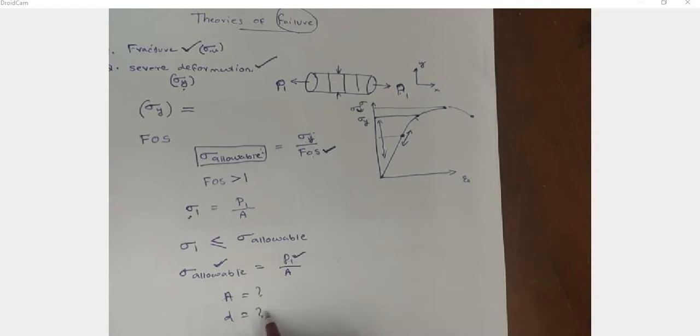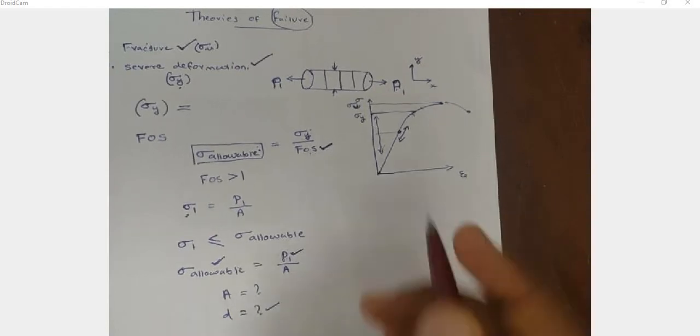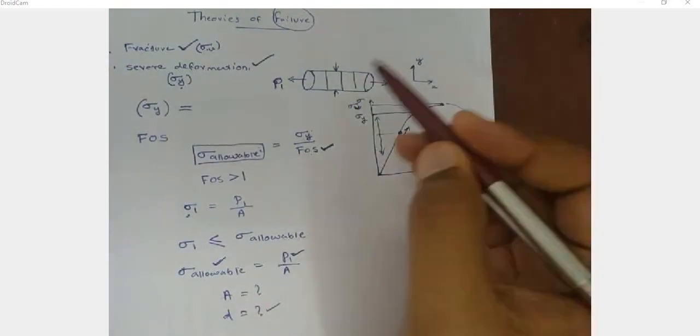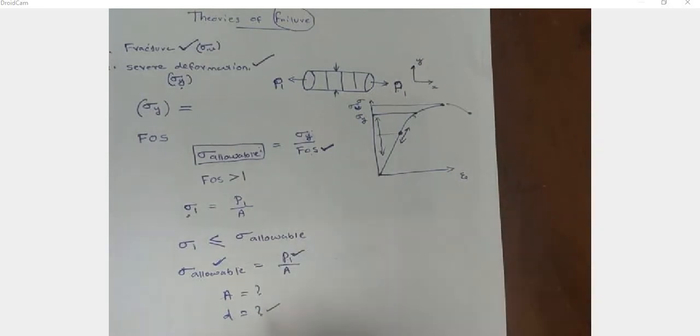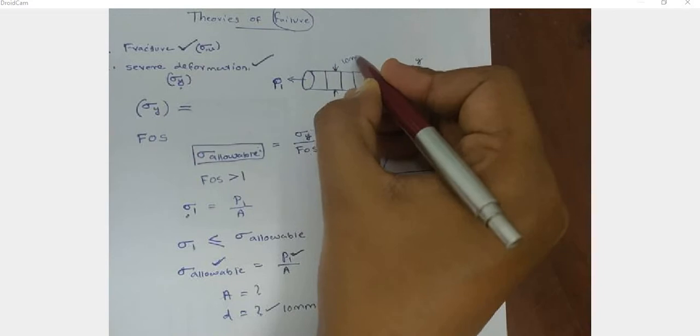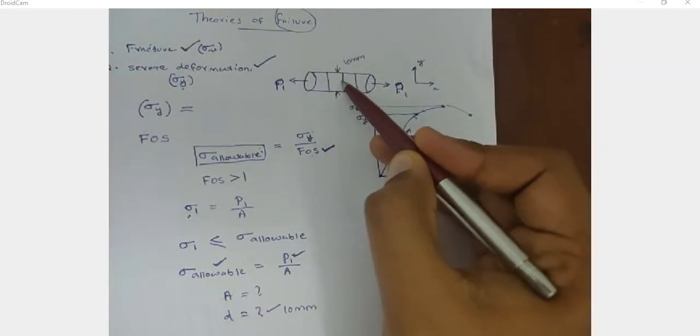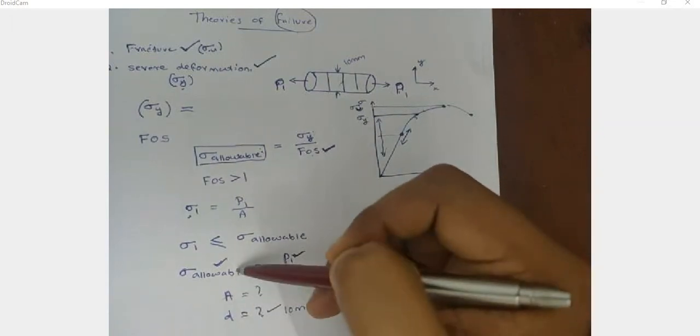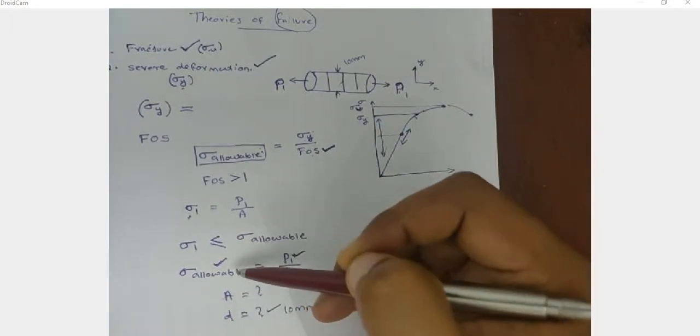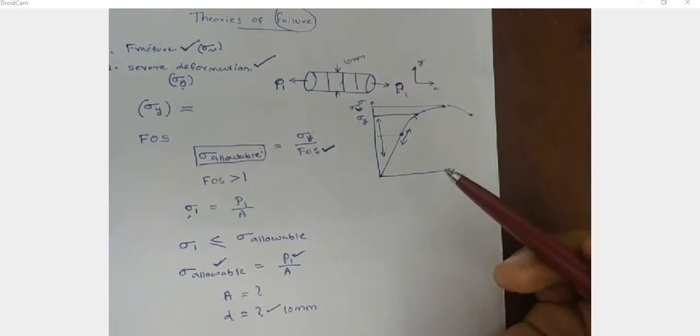So what is the importance of the diameter? If you make a structure or component with a diameter of, for example, 10 mm, then the stress developed in this material will be equal to sigma allowable. It does not cross sigma allowable.